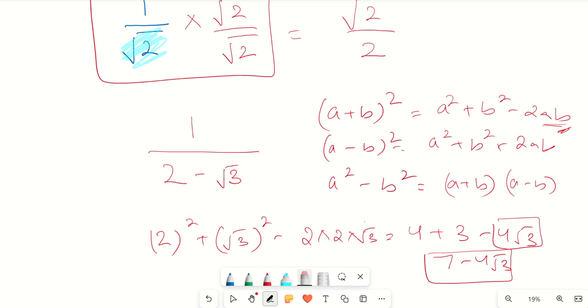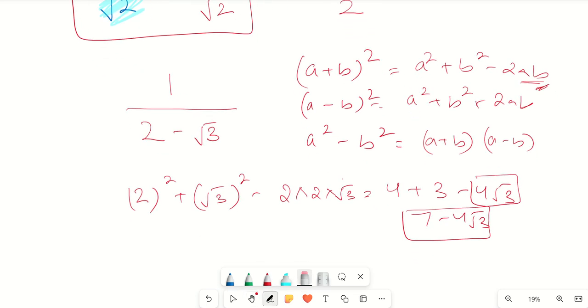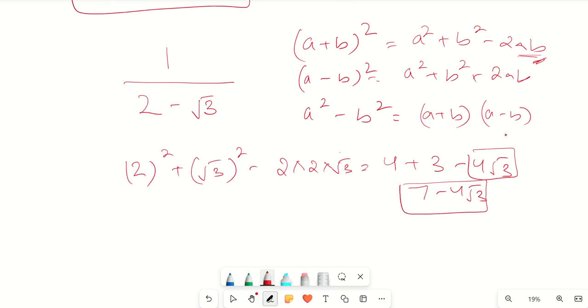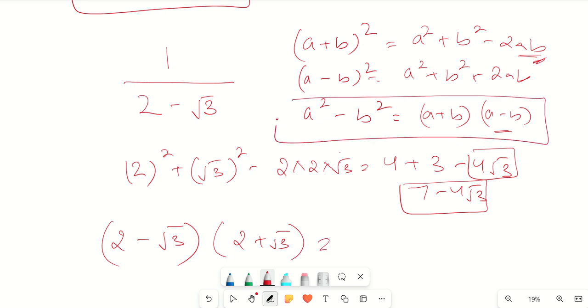Now let us see if I try implementing a plus b, a minus b. I have the a minus b form over here, 2 minus root 3, and if I multiply it with 2 plus root 3, I will apply the formula a square minus b square. A is nothing but 2. B is root 3. So 2 square minus root 3 square.